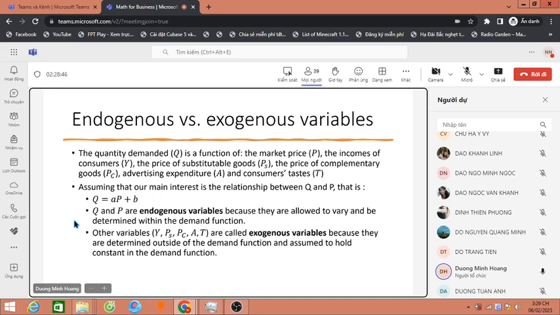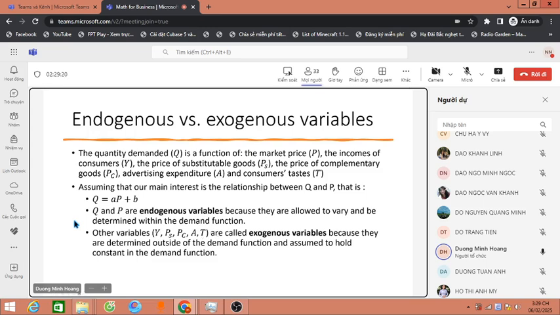So these factors: income, price of substitutable goods, price of complementary goods, advertising, consumer taste. These factors do not appear in our original model. If they do not appear in the original model, that means we have implicitly assumed that these factors remain constant.